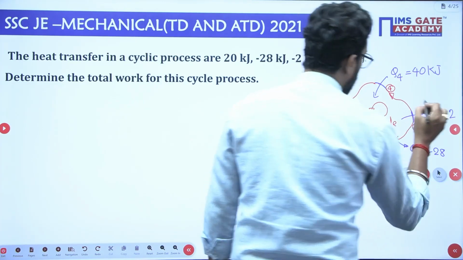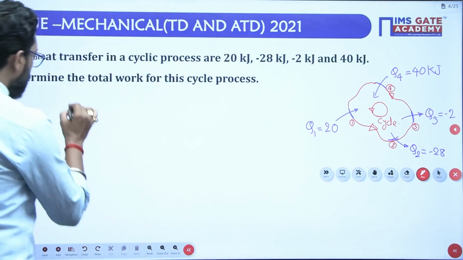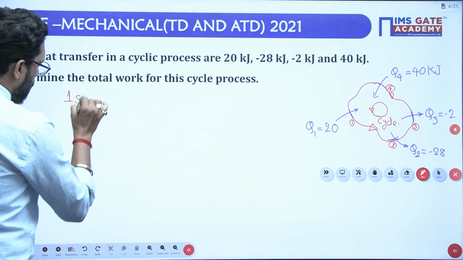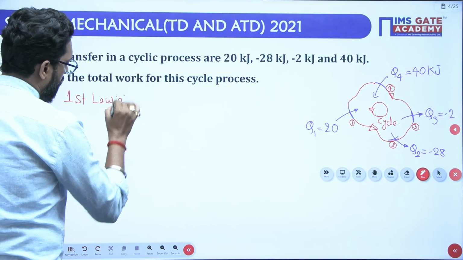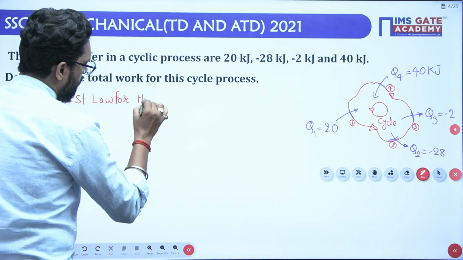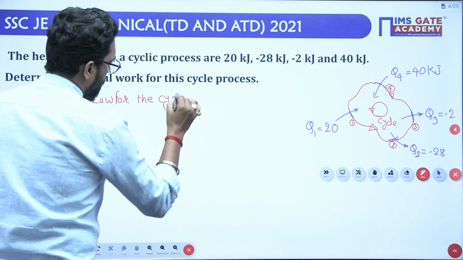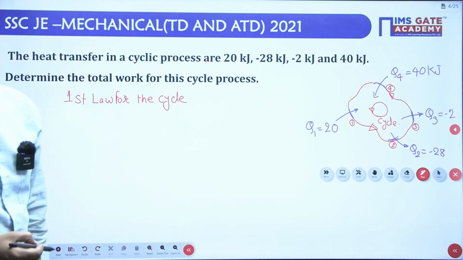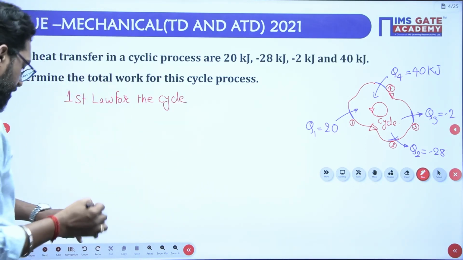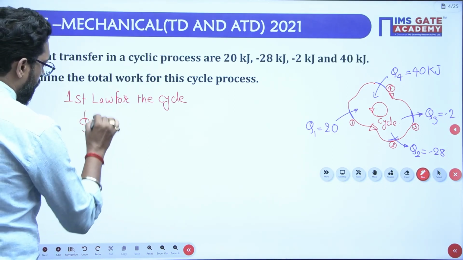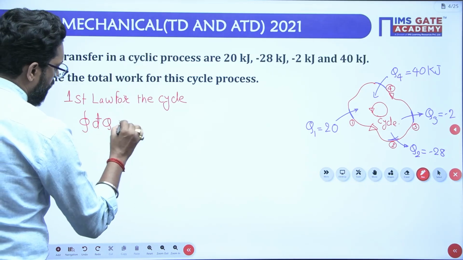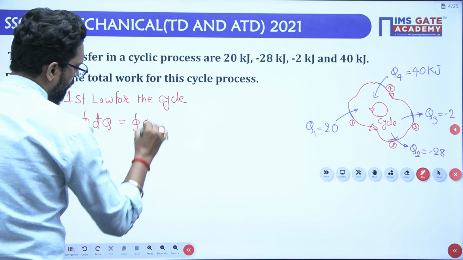So what is the first law of thermodynamics for a cycle? First law for the cycle means the cyclic integration of dQ over any boundary is equal to the cyclic integration of dW.